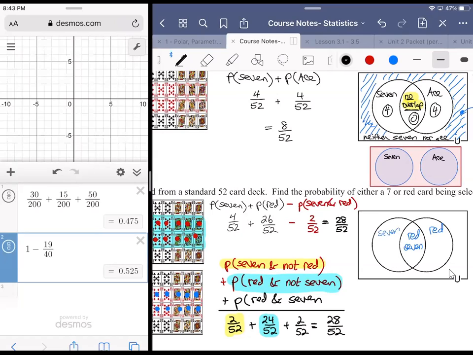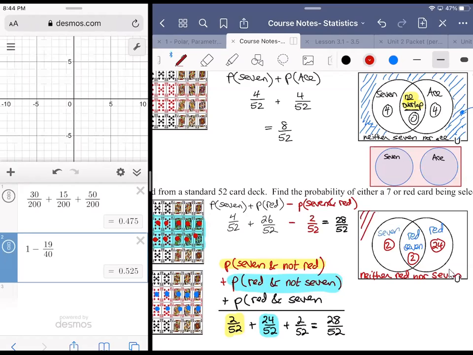So marking up the Venn diagram, a 7 card that is not red, there's only 2 of those. Red 7s, there's 2 of those. And red cards that are not 7s, like I said, there's 24 of those. That gives us everything that we need, and everything outside of that would be neither red nor 7.